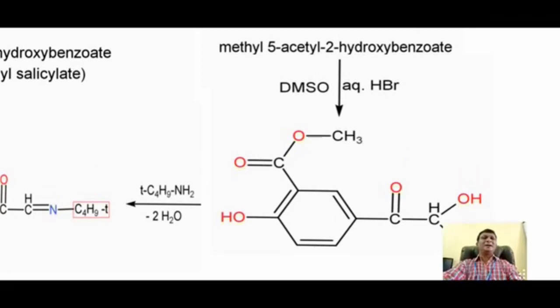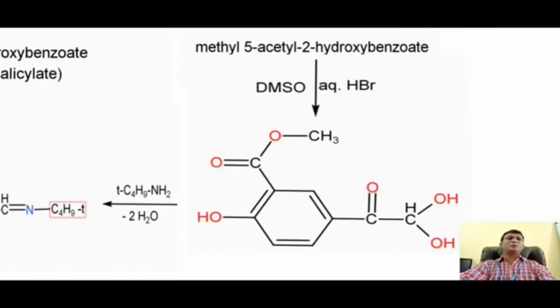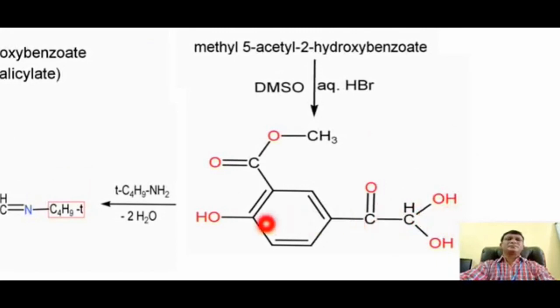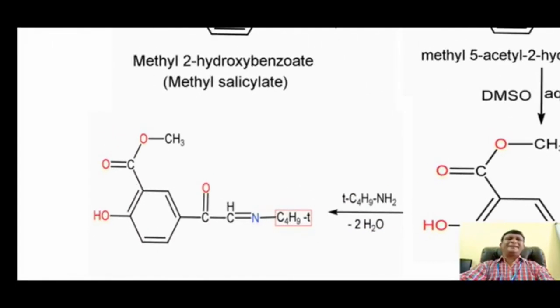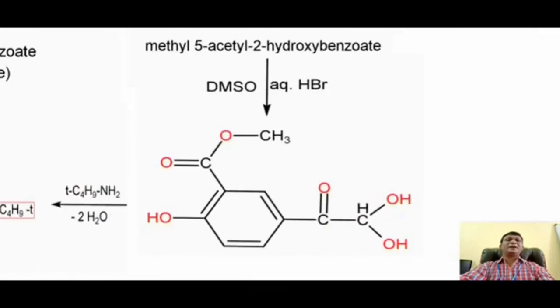The reaction takes place in such a way that these two hydroxyl groups reacted with two hydrogens of tertiary butylamine to release the two water molecules, and thus there is generated a double bond between this carbon and the nitrogen of butylamine to give us this imine, that is the compound containing the double bond between carbon and nitrogen.